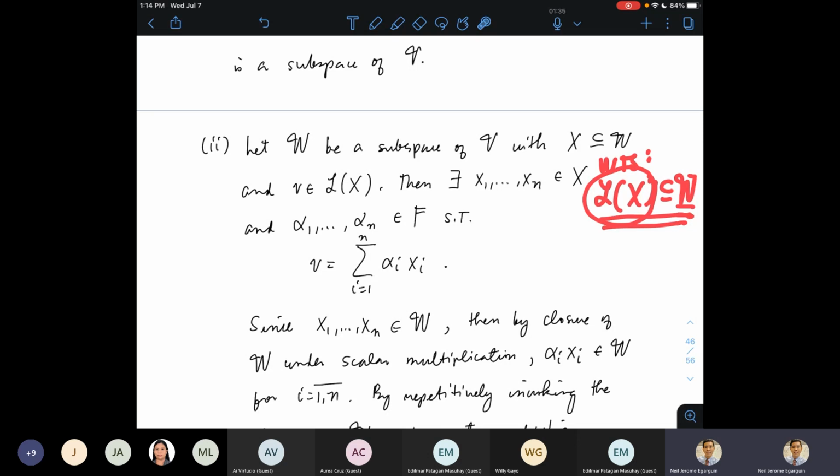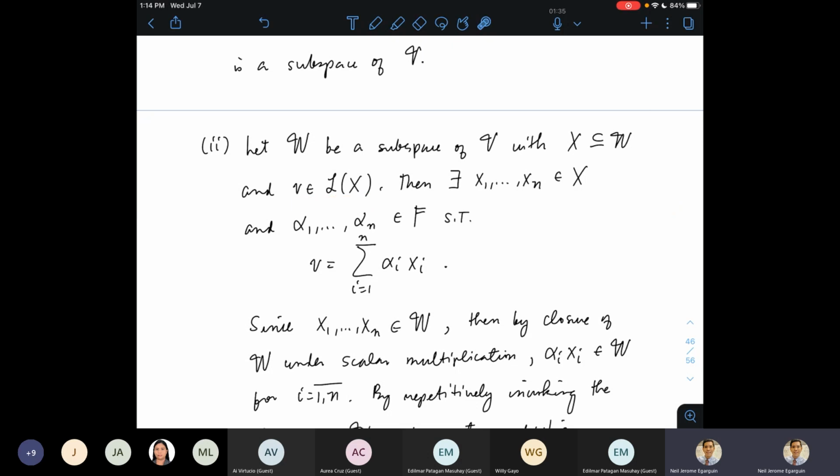So I want to show that curly L of X is a subset of W, so I will start with an element of curly L of X. And I want to show now that V is an element of W. Because if I'll be able to do that, then automatically by definition of subset, curly L of X is a subset of W. All right? So ngayon, ang goal ko na lang, start with the V and show that V also belongs to W. Okay?